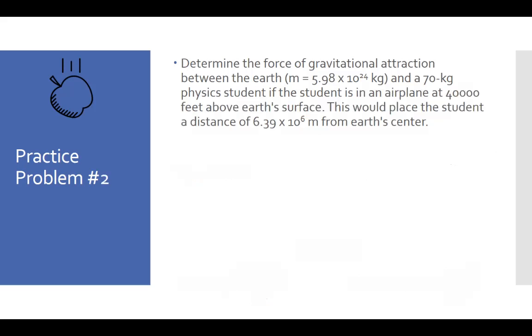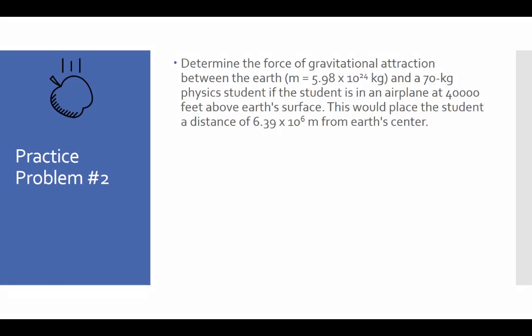All right, determine the force of gravitational attraction between the Earth and a 70 kilogram student if the student is in an airplane at 40,000 feet above the Earth's surface. This would place the student at a distance of 6.39 times 10 to the 6 meters from Earth's center. Now, this is the same setup. We're going to use the same equation and the same gravitational constant.